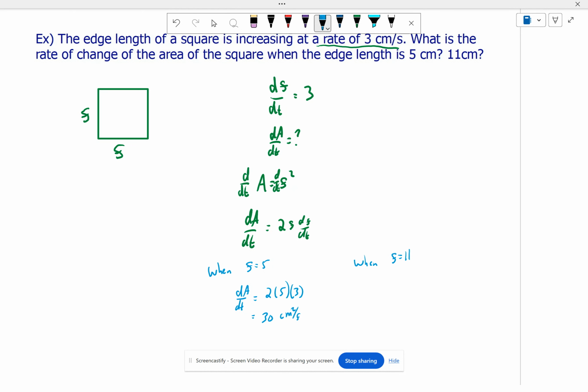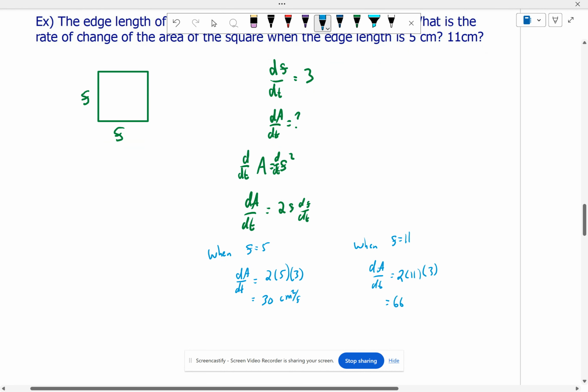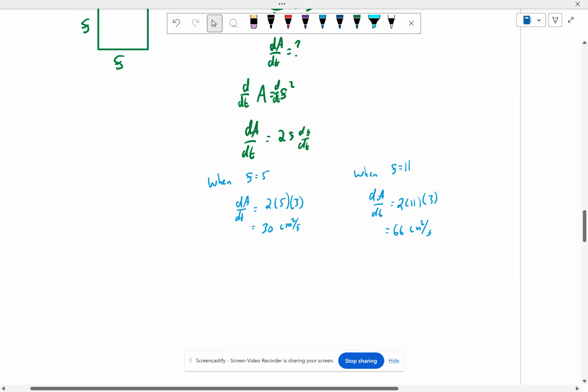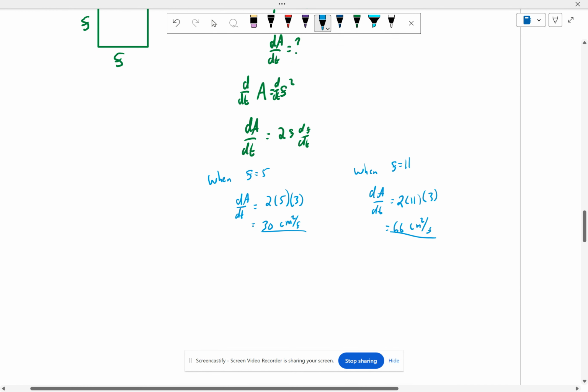When s is 11, dA/dt is 2 times 11 times ds/dt, which is 3, which is 66 square centimeters per second. Right? And so that is a related rates problem.